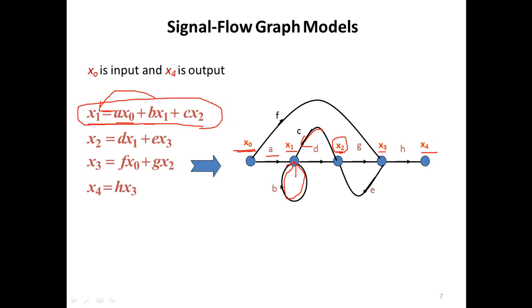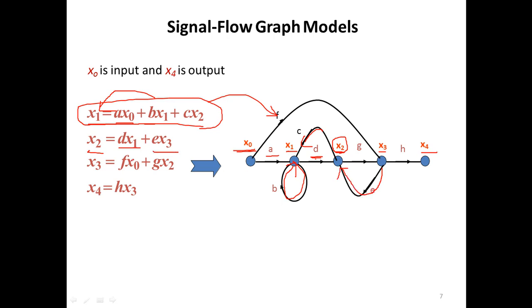You can either write this equation from this signal flow graph, or you can draw this signal flow graph using these equations as well. You can go either way. Similarly, X2 is equal to D multiplied by X1 and E multiplied by X3.